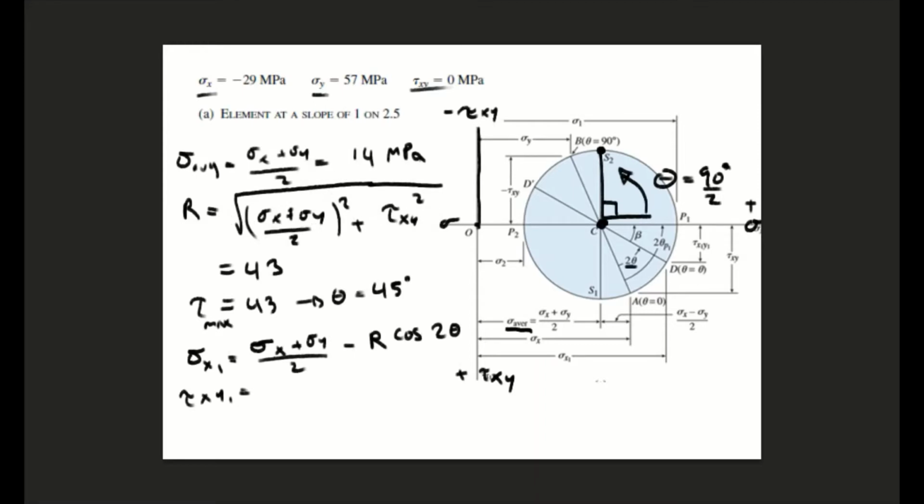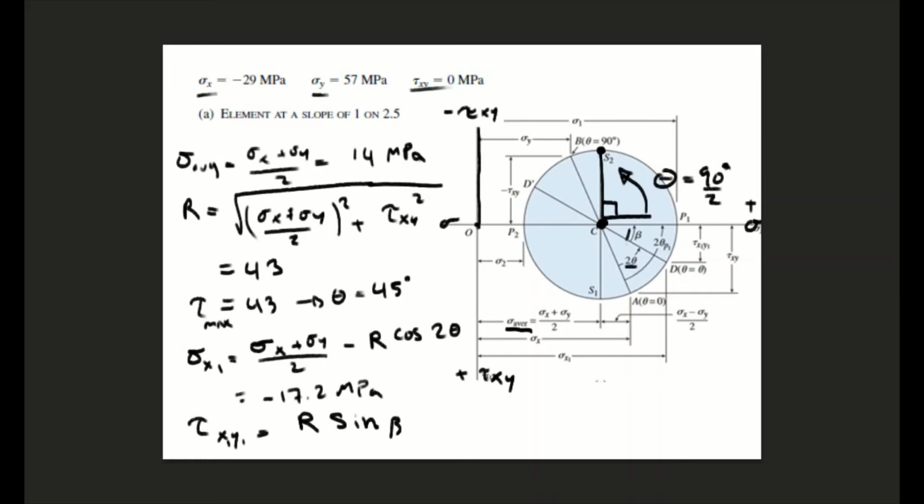Okay, so now if we solve for that, we are going to get a value of negative 17.2 megapascals. And then if we are solving for our shear at that angle, tau x1y1, we are going to use our R value, which remember is our max shear, and now we're looking for the shear at that angle, which is just going to be sine beta.